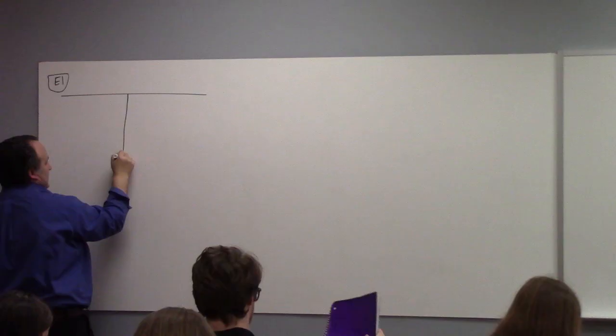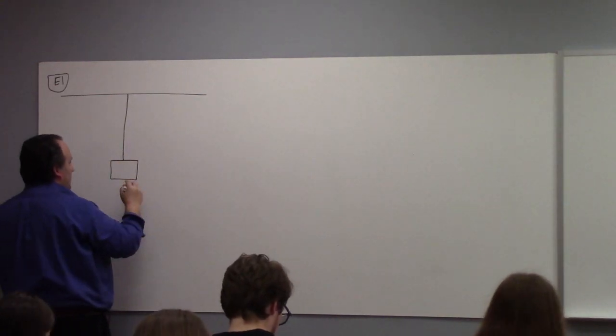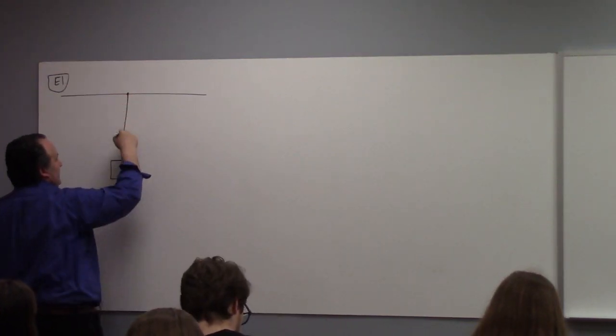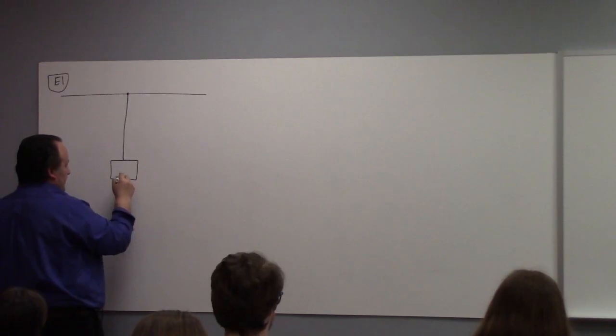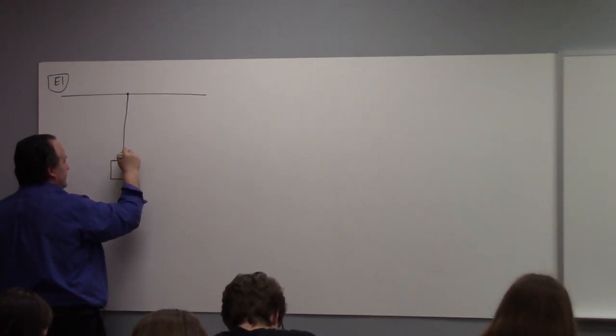This is the simple pendulum. So the problem goes like this. You've got this pendulum bob. It's connected here by a very light rope. And let's say it has mass M.